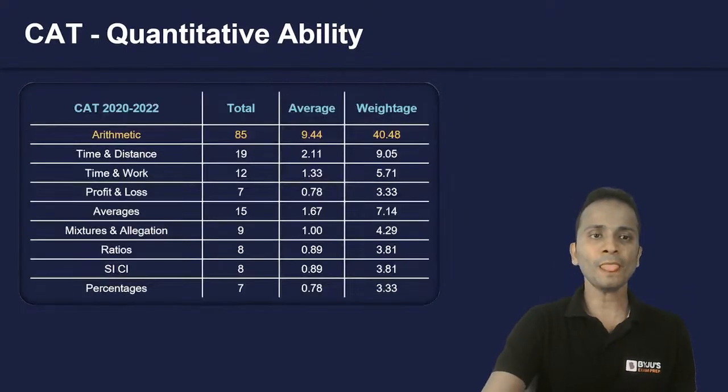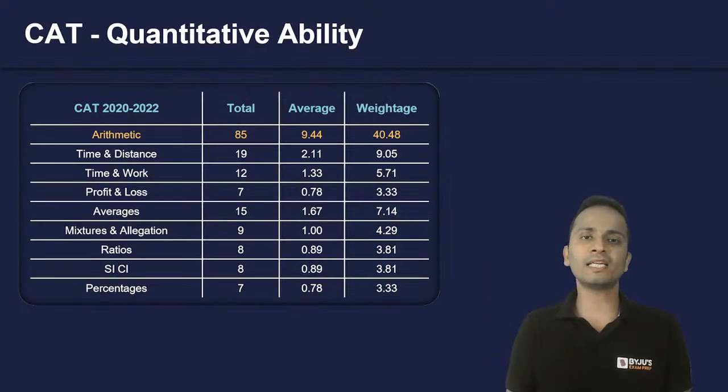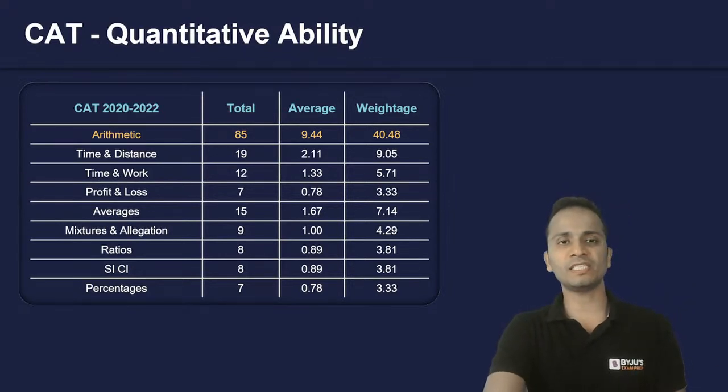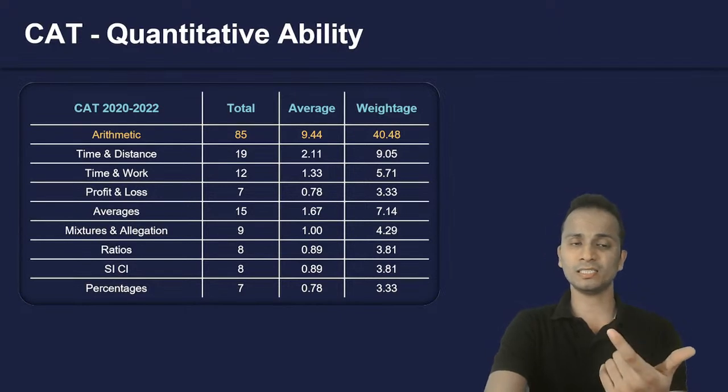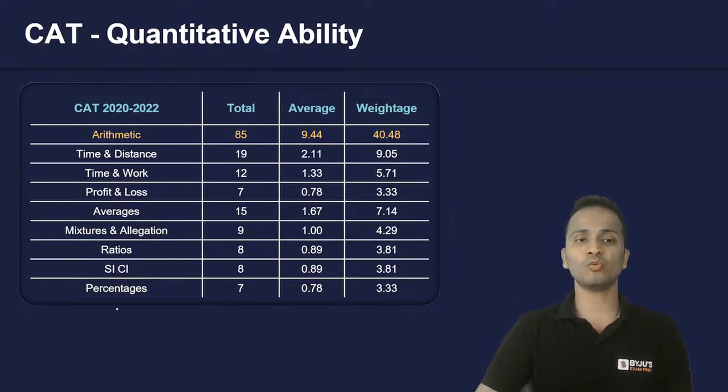Now moving ahead, this is the number of questions that we have seen from every topic of arithmetic. You can spend some time on this later. You can have a look at the topics from percentages and their applications. This is how you can segregate these topics.